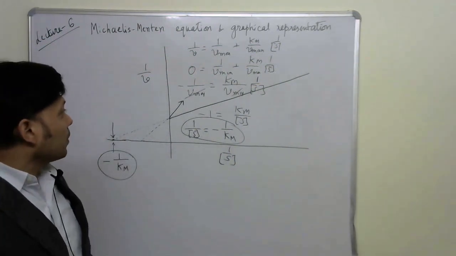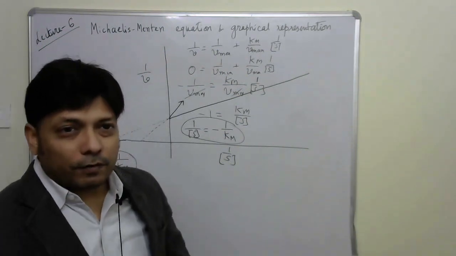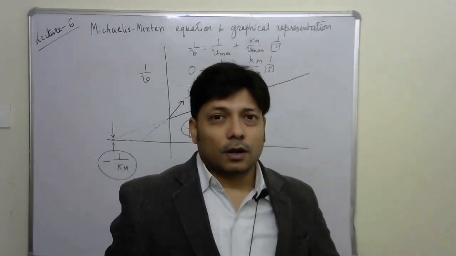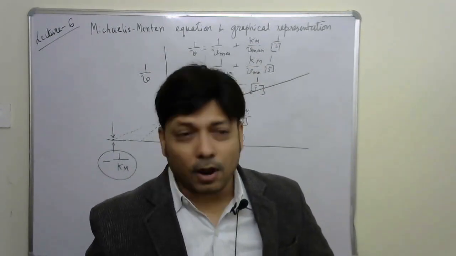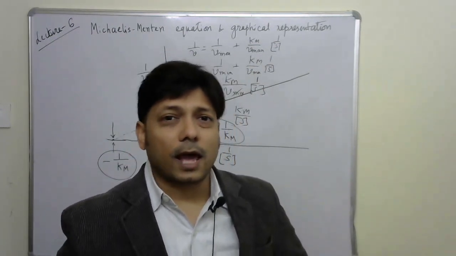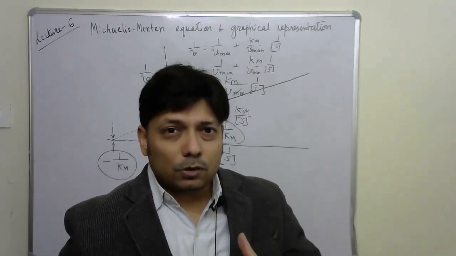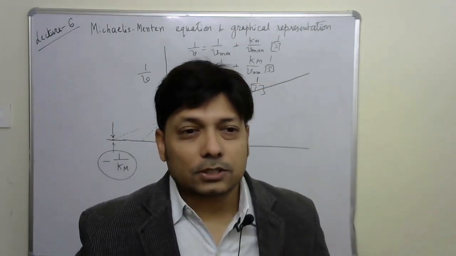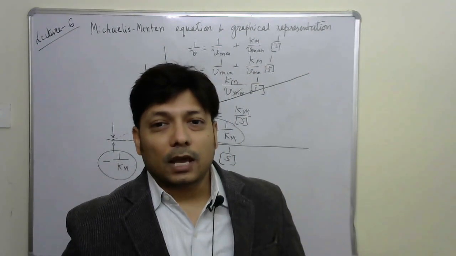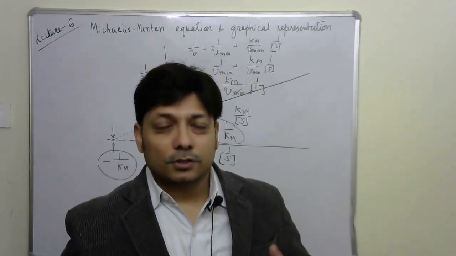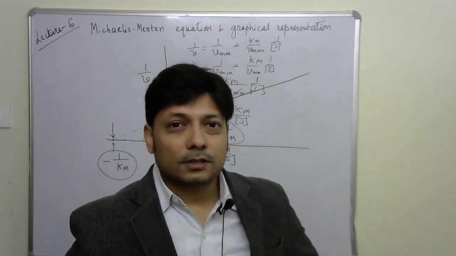So now, as we have familiarized ourselves with the Lineweaver-Burk equation and Lineweaver-Burk plot, we are going to move into a newer topic, and the topic is called enzyme inhibition. So let's explain that.